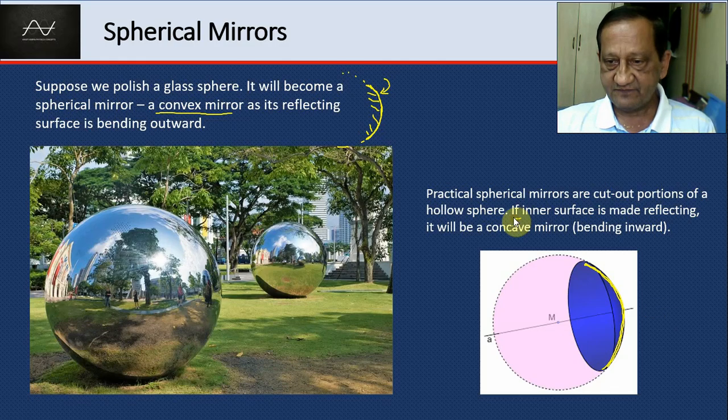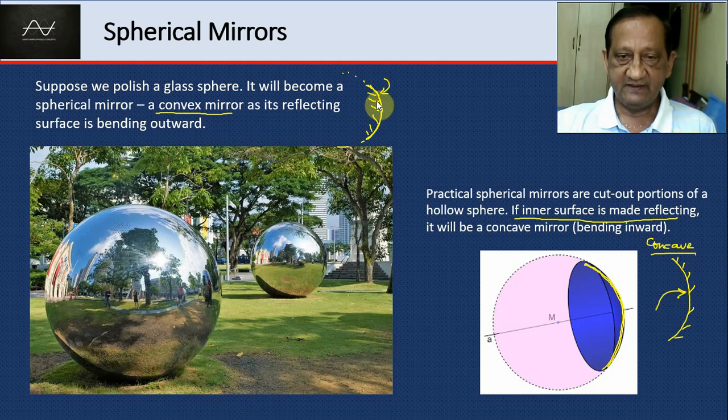If the inner surface is made reflecting, then it will be a concave mirror. So we have a surface like this. The outer one, if it is silvered, and the inner one is polished, if that is the reflecting surface, then that is concave. It's a concave mirror. And if the outer one is reflecting, then that is a convex mirror.